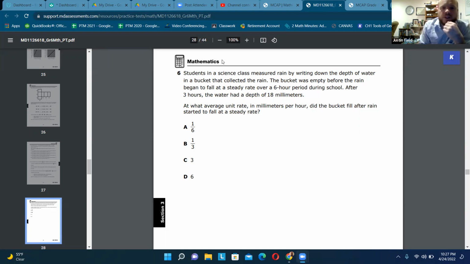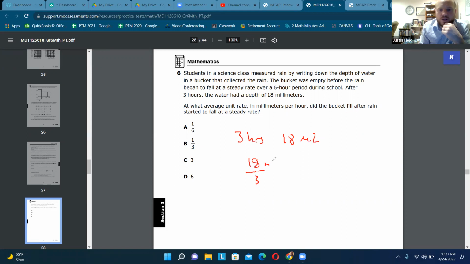So this is a unit rate problem. Okay, so we know that 3 hours, 18 millimeters, right?